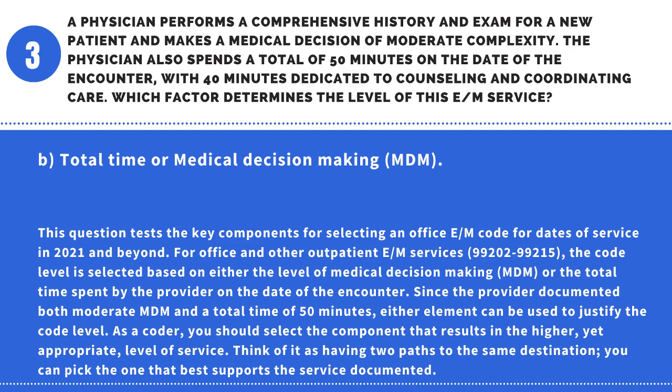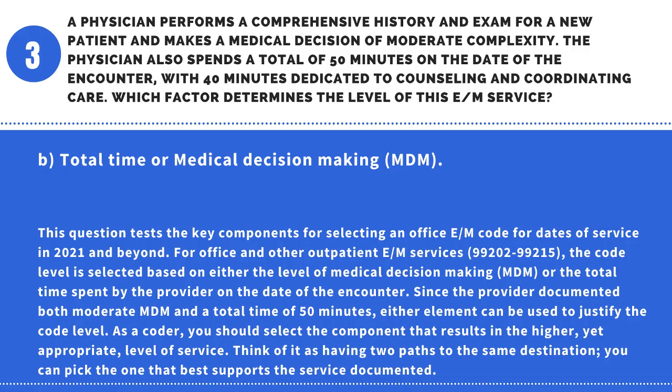This question tests the key components for selecting an office E/M code for dates of service in 2021 and beyond. For office and other outpatient E/M services, 99202 to 99215, the code level is selected based on either the level of medical decision-making, MDM, or the total time spent by the provider on the date of the encounter.